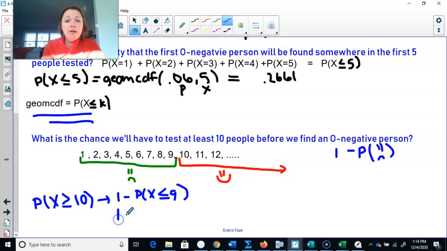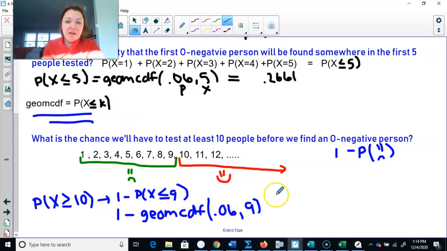So we're going to do 1 minus geom CDF 0.06, comma 9, because that is our K value, or our X value. Okay, I'm going to put P of X, or P of K. Again, I don't care.